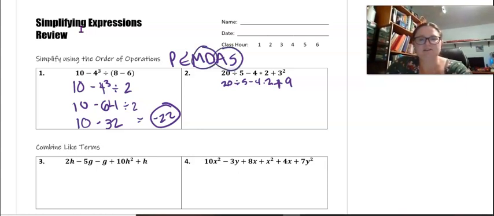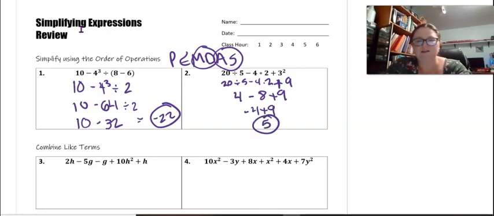Remember, multiplication and division, and addition and subtraction, you do at the same time and left to right. So 20 divided by 5 is 4, subtract 4 times 2 is 8, plus, and remember this is negative 4 really times 2, which is negative 8, so that's why it stays minus 8. And then we add and subtract left to right. 4 subtract 8 is negative 4, plus 9 is 5. So my final answer would be 5 for this one.